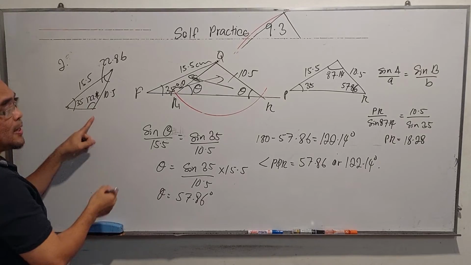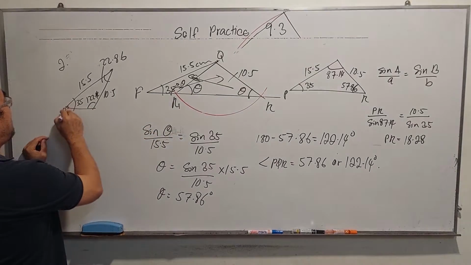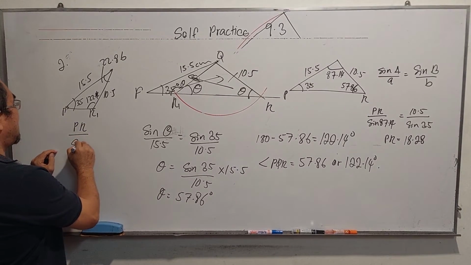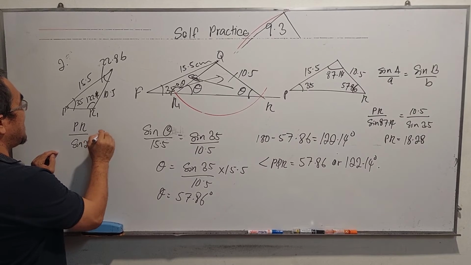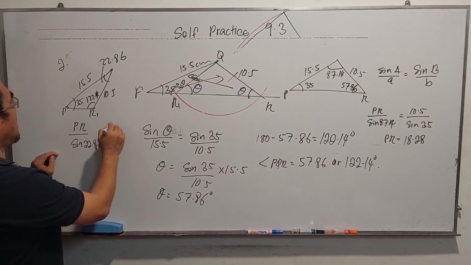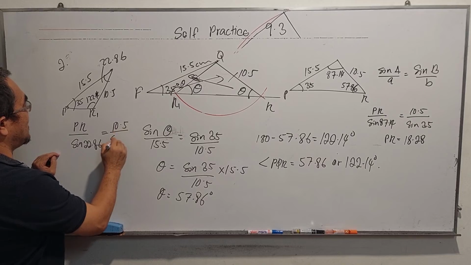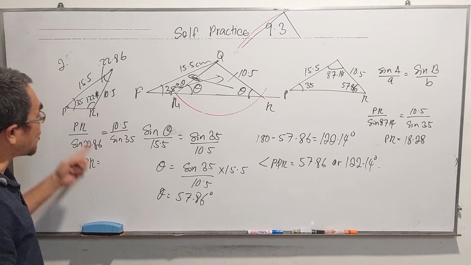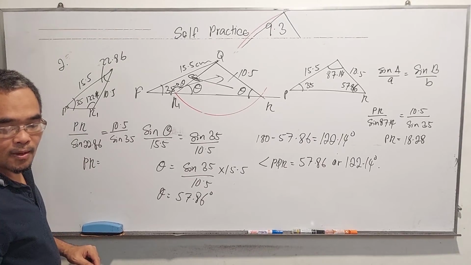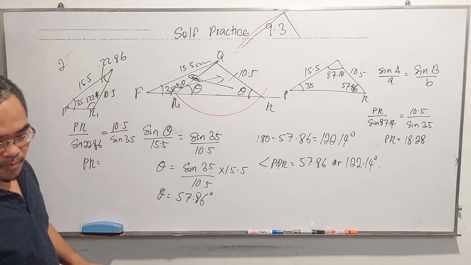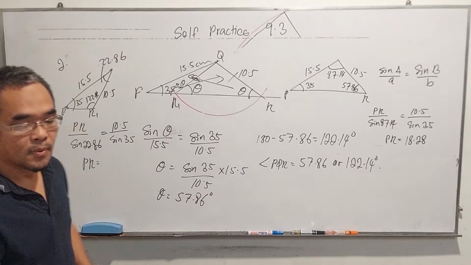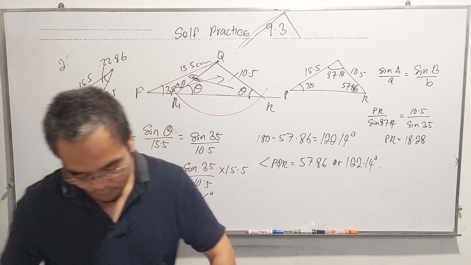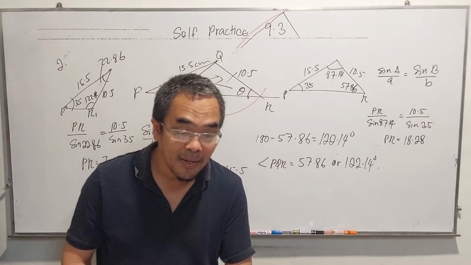Okay, so similar to that, we can say this is PR1: PR over sine 22.86 equals 10.5 over sine 35. So you can get the value of the shorter one. 7.11 centimeters. Let me confirm that. Okay.